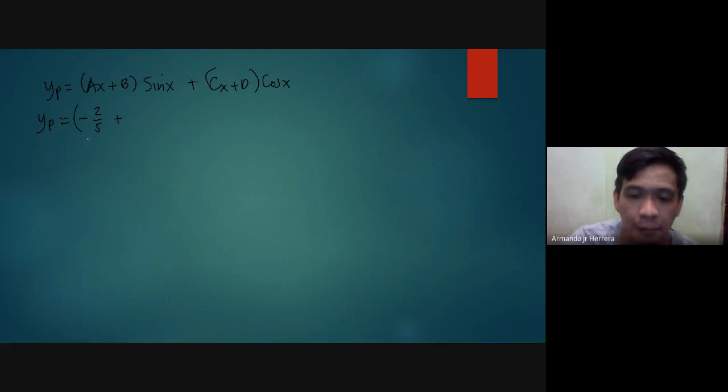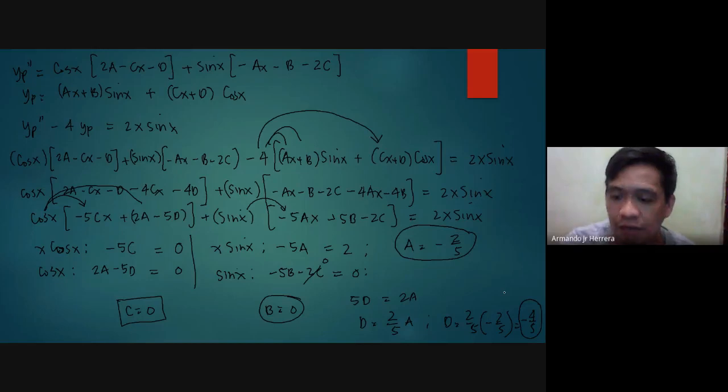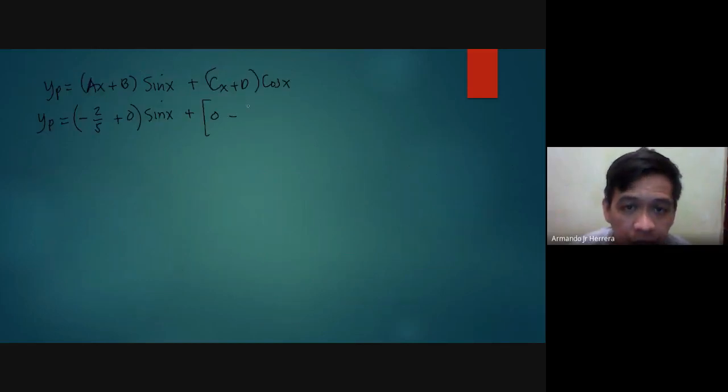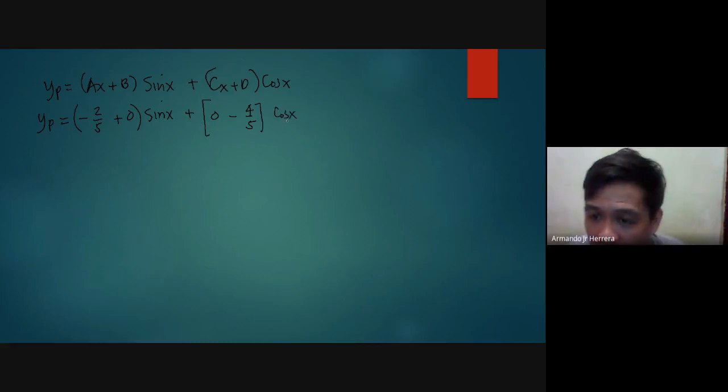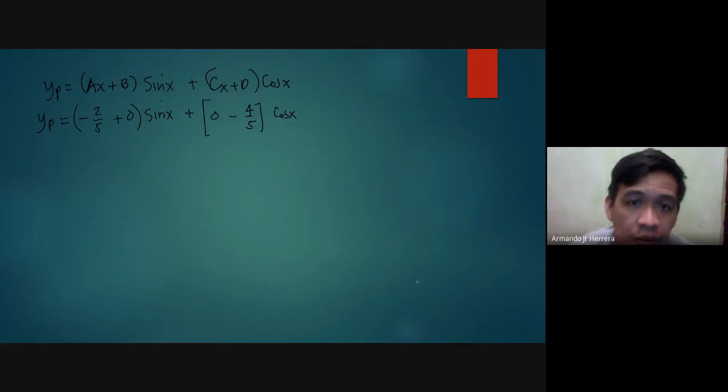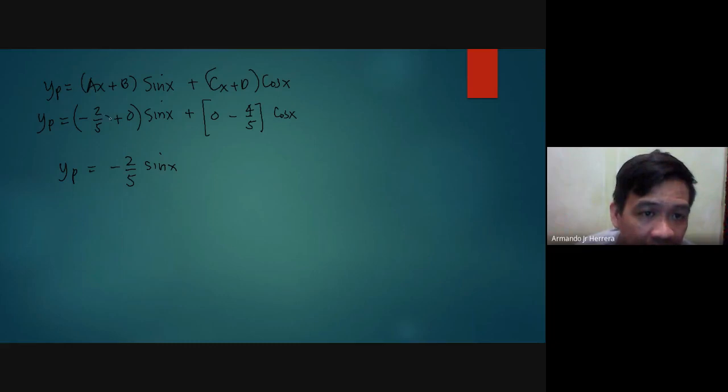Plus the value of b, that's 0, sin x, plus the value of c, 0, the value of d, negative 4 over 5. So yp here is equal to negative 2 over 5 x sin x. Sorry, there's an x here. Minus 4 over 5 cosine of x.